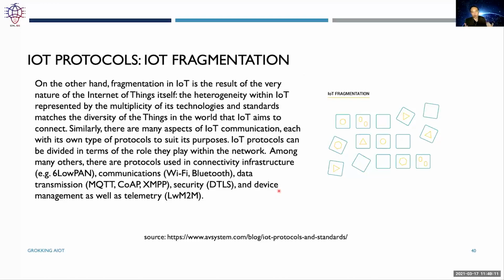Some focus on long range transmission, but with high power and high speed, such as 5G networks. Others focus on lower speed and smaller range, but also much lower power requirements. And the different protocols actually correspond to these different underlying physical layers that we see in the radio transmission network.